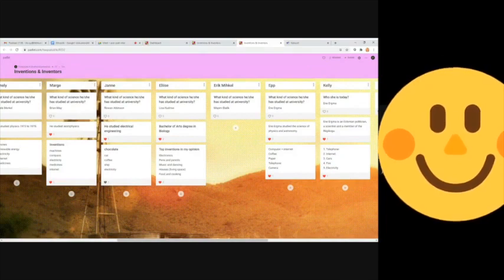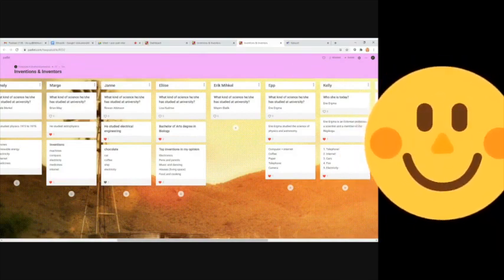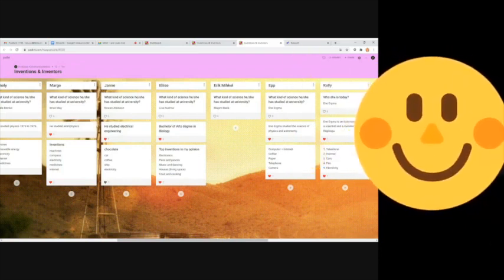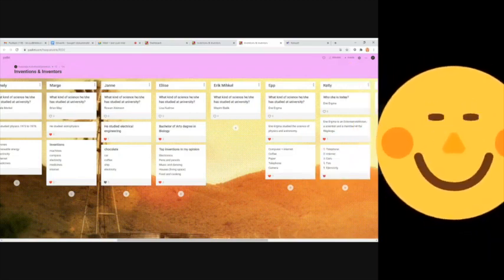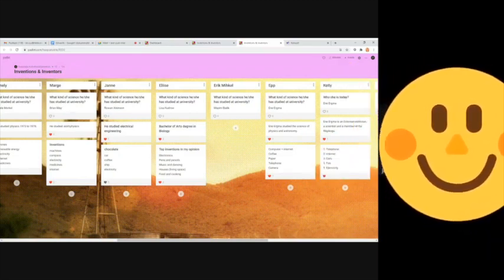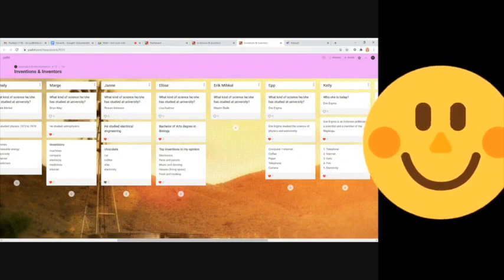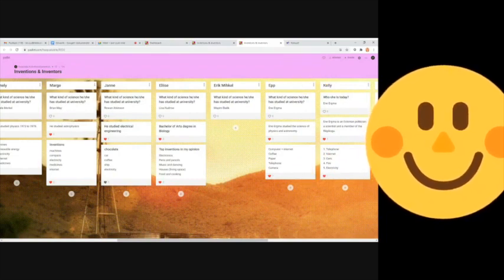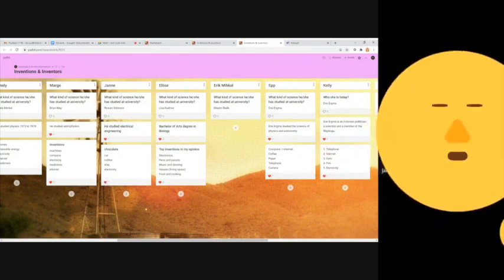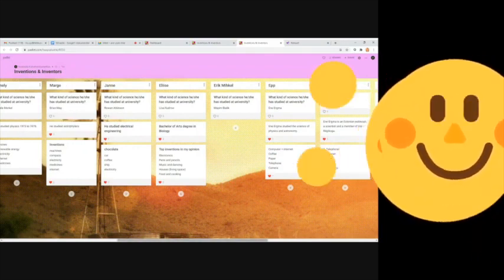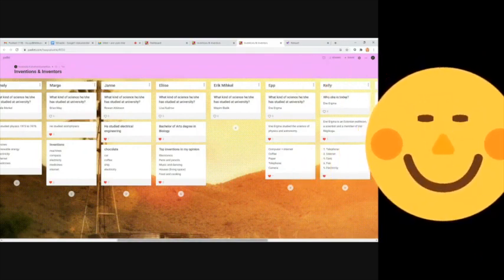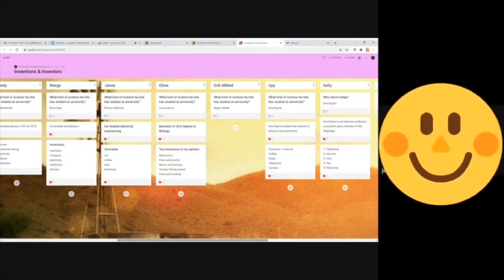Chocolate, it gives energy. Coffee wakes up in the morning and gives energy. Ship, you can travel and transport different things. Car, you can drive a car when you want and where you want.